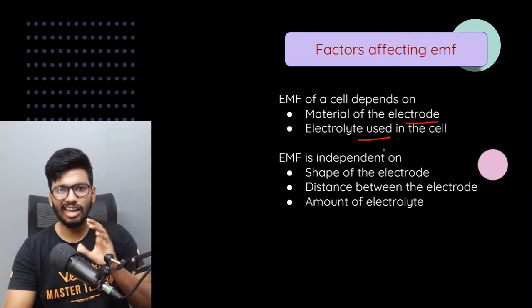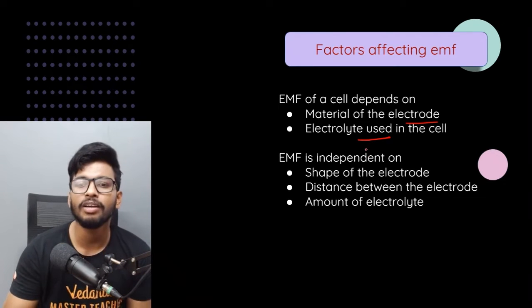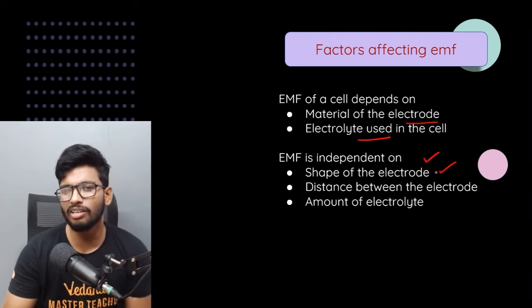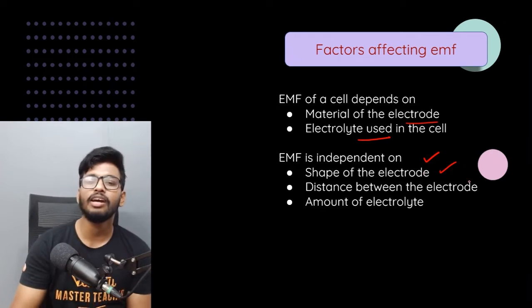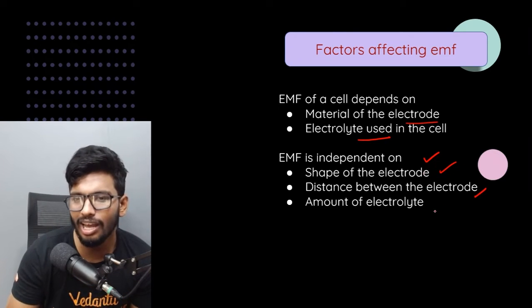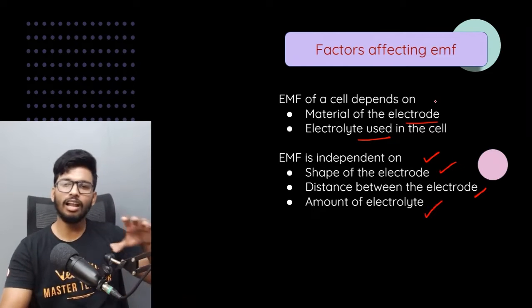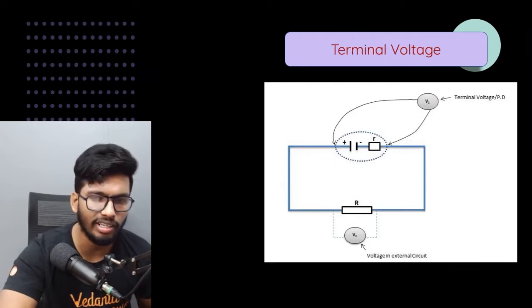The type of electrolytic solution used is also an important factor. The things that EMF does not depend on are the shape of the electrodes. It does not matter whether it's rod shaped or cone shaped. It does not depend on the distance between the electrodes, and it does not depend on the amount of electrolyte either. All that it depends on is the material and the type of electrolyte used.